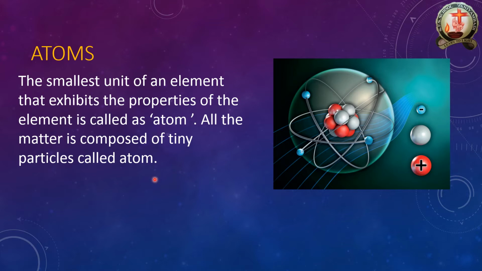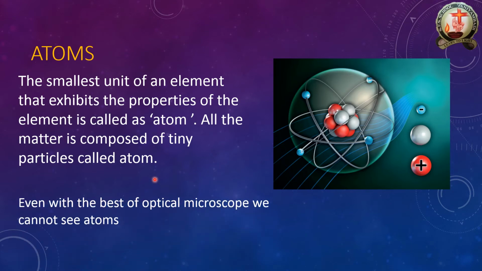A molecule contains different types of atoms. Here you can understand that an atom is the smallest, tiny, fundamental particle to build a molecule or matter. Even with the best optical microscope, we can't see the atom, just as we cannot see the body cells.